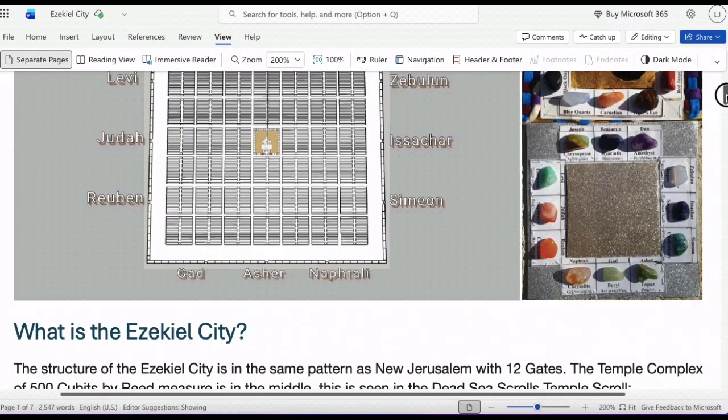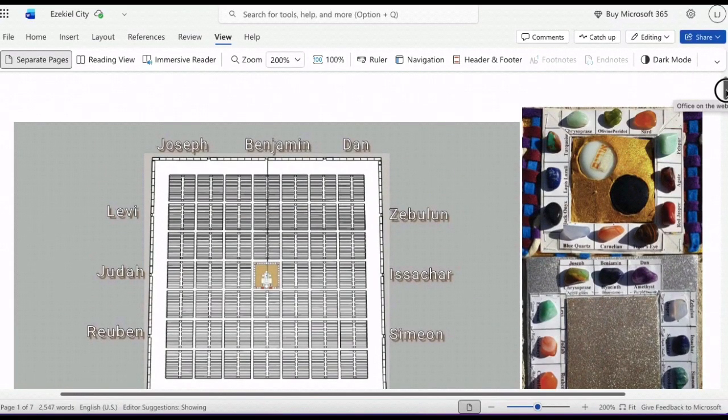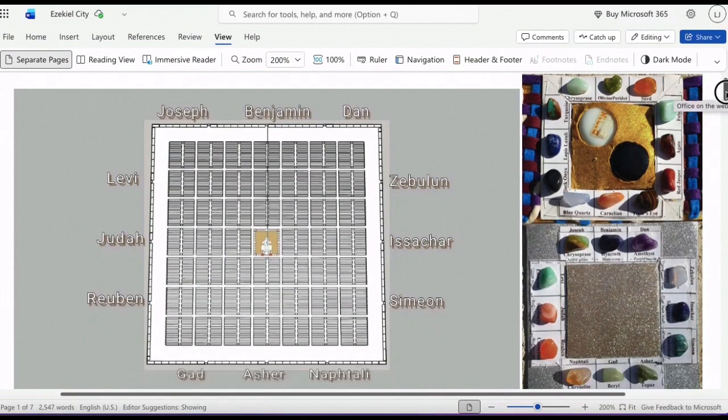Now, these are our notes for the Ezekiel City. And as we mentioned, we have the city, and here we are labeling the gates. So we have the temple complex, and from it proceeds the river towards the east, and the gate there in the east is Benjamin.